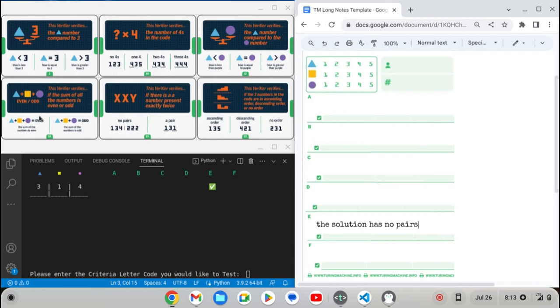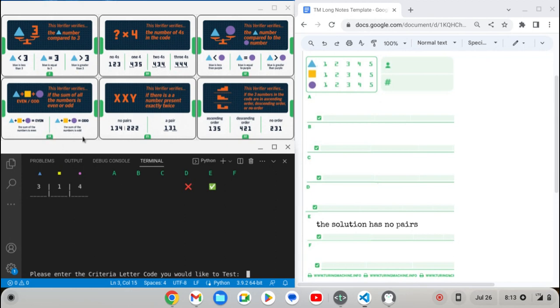Let's test criteria card D. Okay, so in this case, the Turing Machine does not approve of my proposal. Notice that I do have 3, 1, 4, so let's go ahead and add them up. So 3 plus 1 is 4, 4 plus 4 is 8. That is an even quantity, but the Turing Machine does not approve of it.